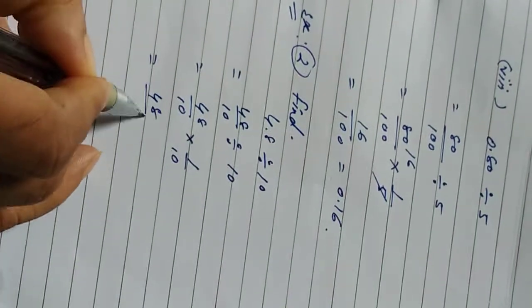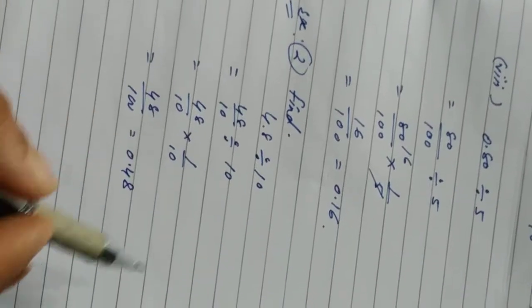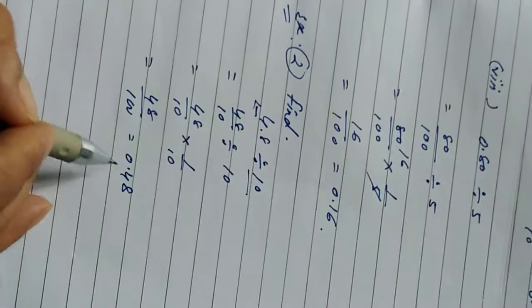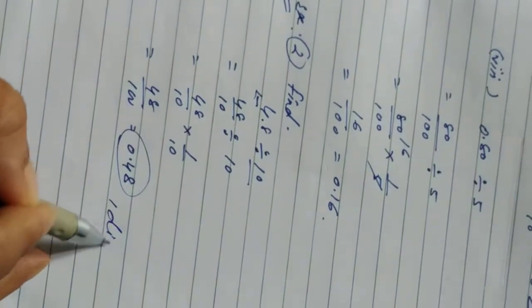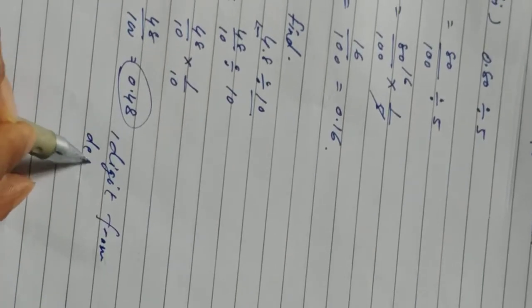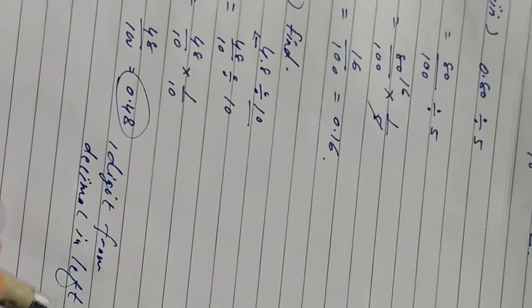So 48 upon 10 tens are 100, so 0.48. So how many digits do we have to move from the decimal? One digit to the left, right? All are related to the same.